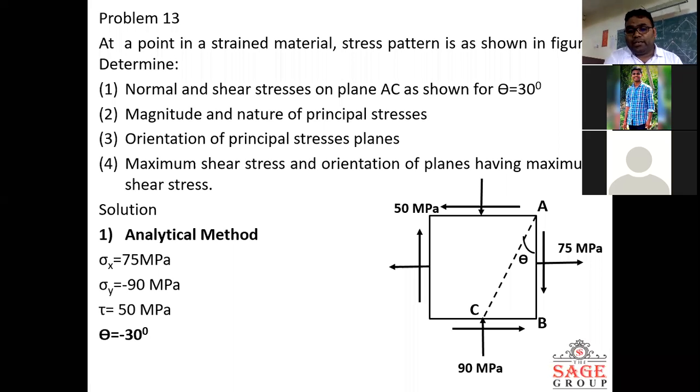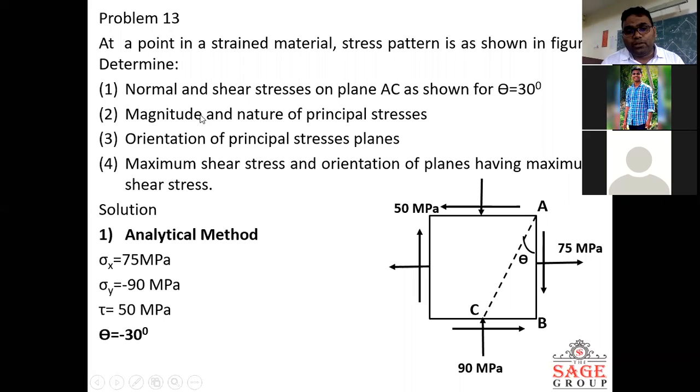The shear stress acting on plane AB is positive because it is moving in the clockwise direction. And the shear stress acting on the plane where sigma y is acting is anti-clockwise, so it is a negative one.